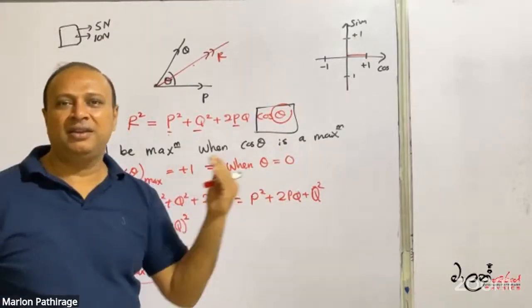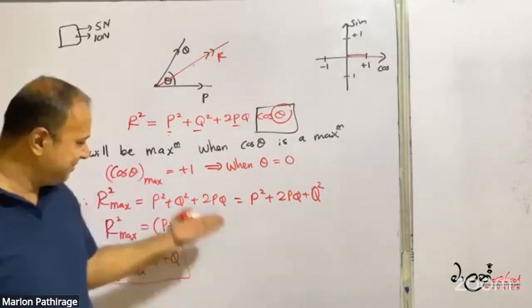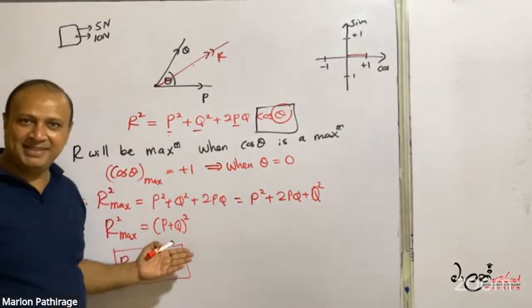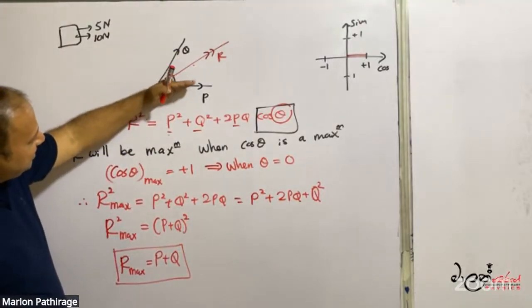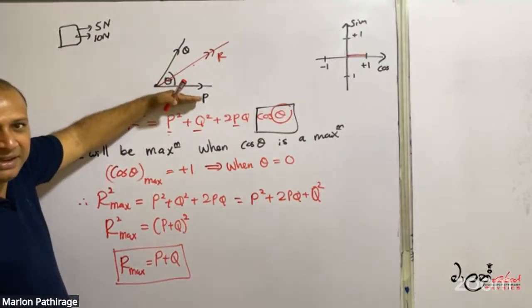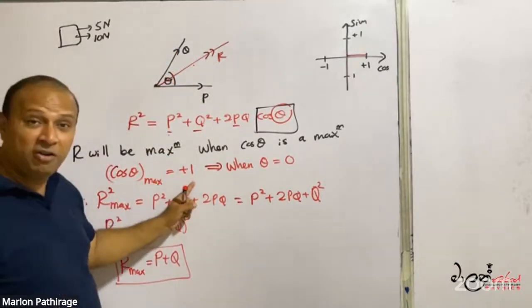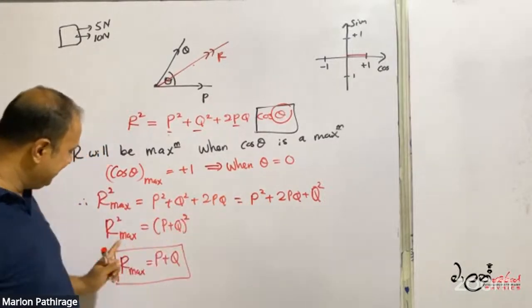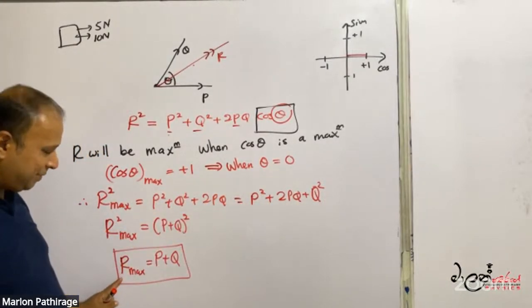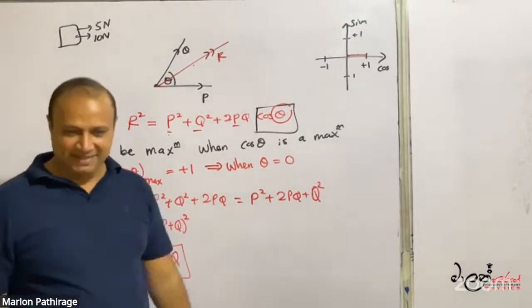If both vectors are in the same direction, you can add them. This is the reason. When theta is 0, cos value is equal plus 1, which means R maximum is equal P plus Q. That means you have to add it.